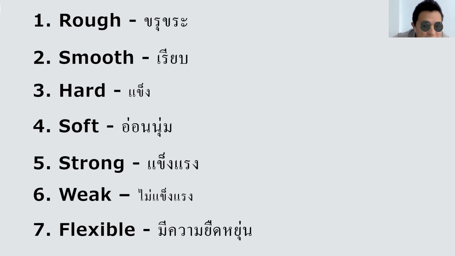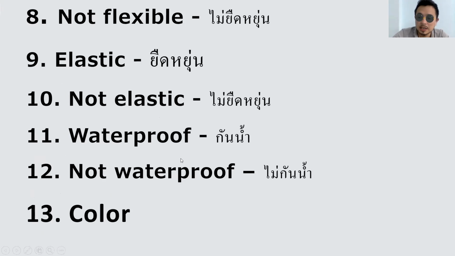Number six, weak. Number seven, flexible. I want you to memorize this one. Number eight, we have not flexible. Number nine, we have elastic. Number 10, we have not elastic, the opposite of elastic. Number 11, we have waterproof. Number 12, we have not waterproof. And last but not the least, number 13, colors.